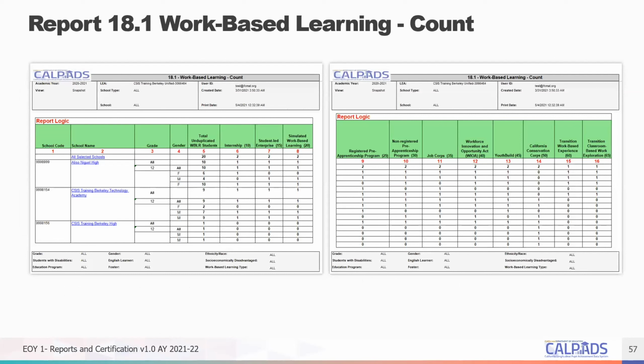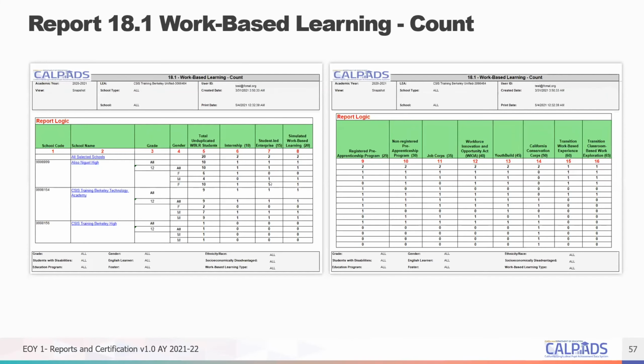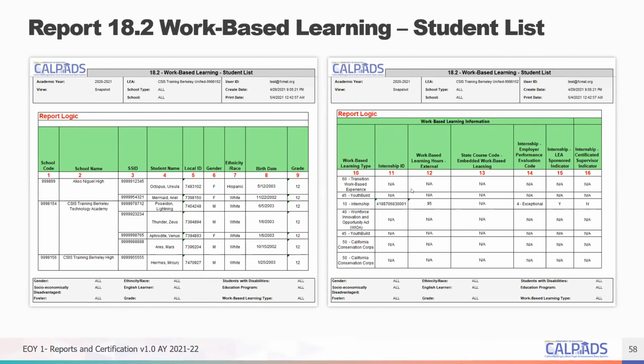And then 18.1 work-based learning is just a count of the students in each of those individual work-based learning programs. And then the student list provides the SSID, the student's name, some demographic criteria like race, gender, grade, and then again, the matching data from report 18.1, what work-based learning type program they're in.